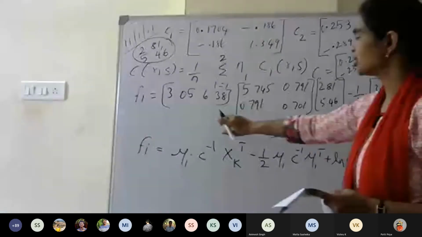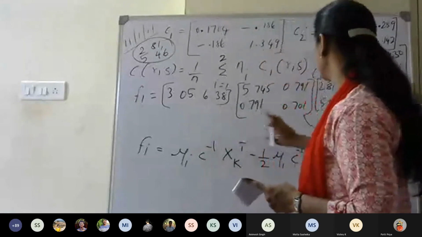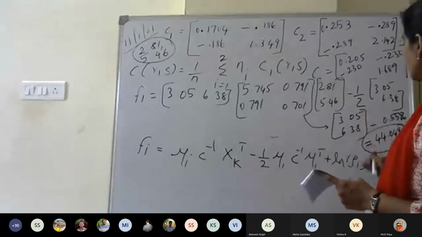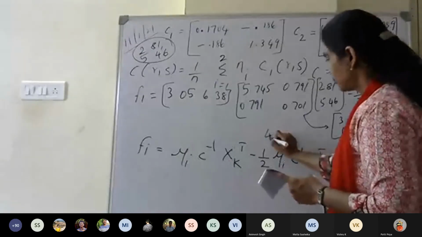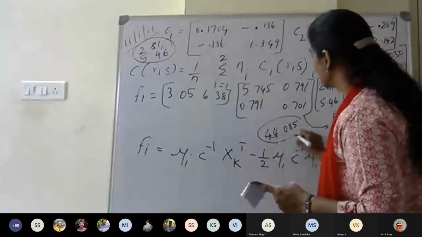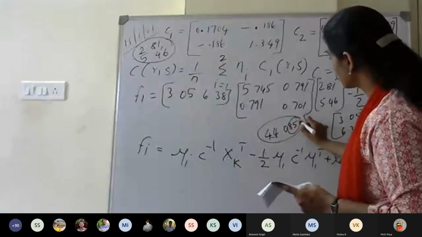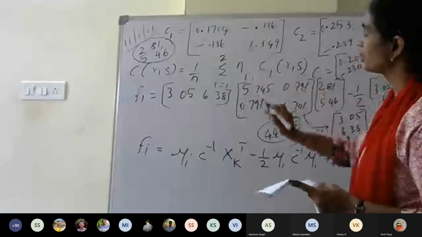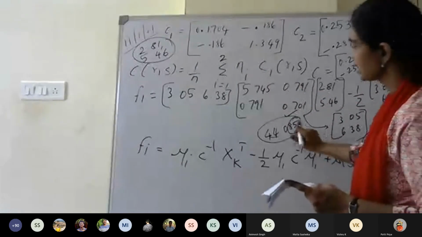Similarly, if I substitute the second class mean here and here and then the transpose, for the second class I am getting a value of 44.085. By looking at the last two decimal digits, we can assume that this particular bolt will belong to the second class.